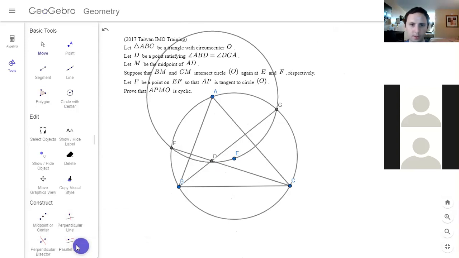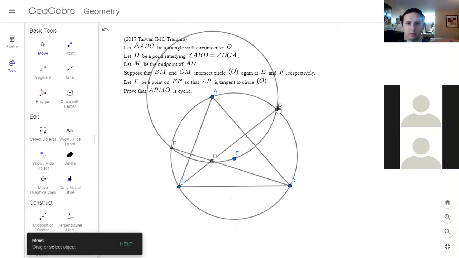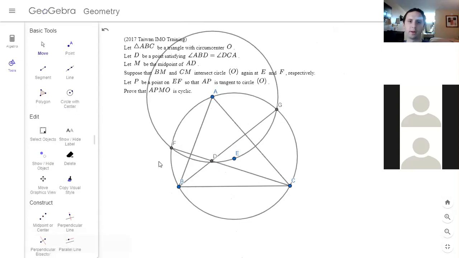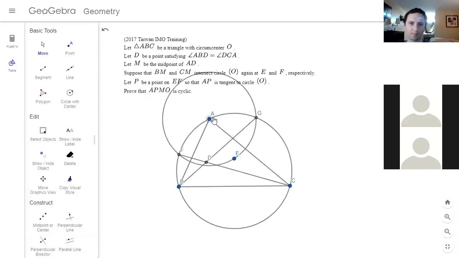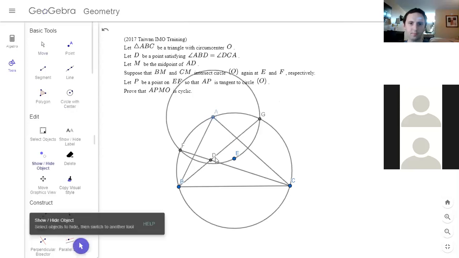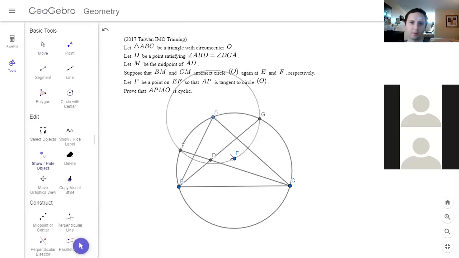So because angle ABG is equal to angle AFG is AGF is ACD. I like that. All right, so now I'm going to hide the circle. Yeah, that was creative.